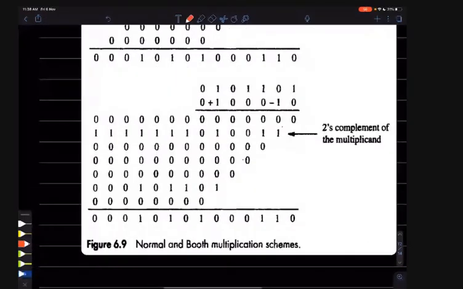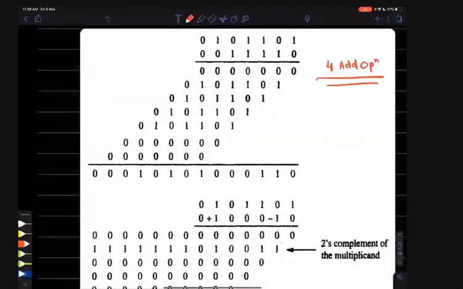Now let's do the coding. How to do the coding? Let me show you here separately. 0, 0, 1, 1, 1, 1, 0. So this is our multiplier.